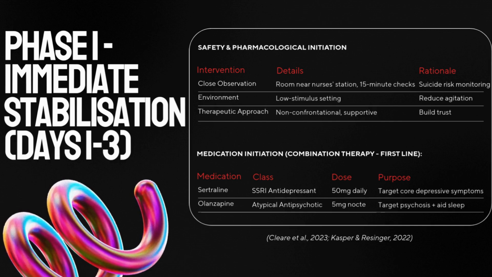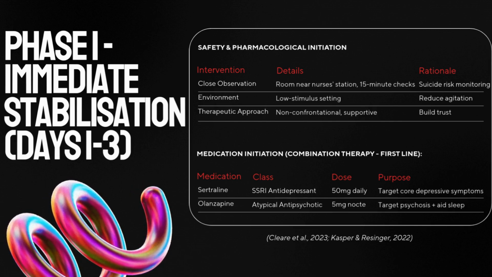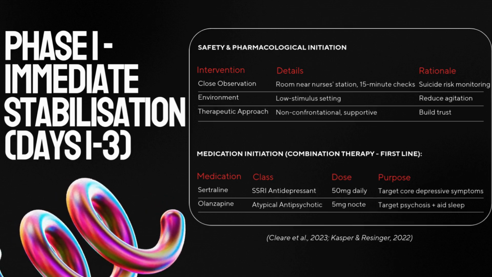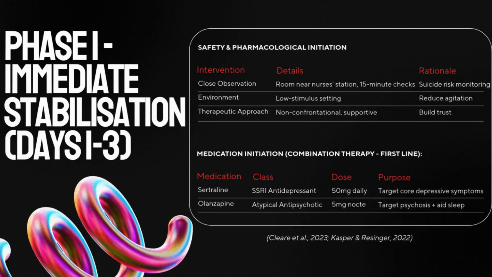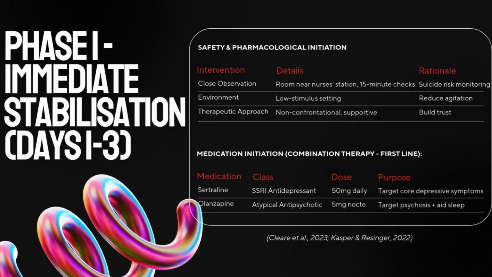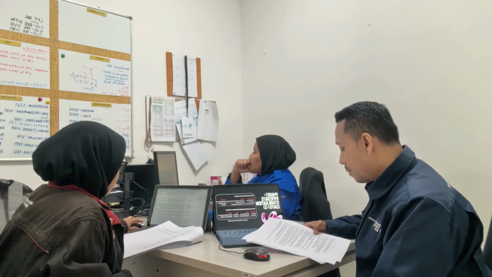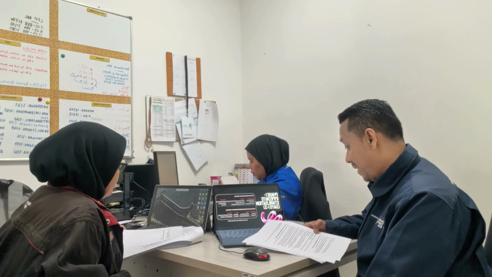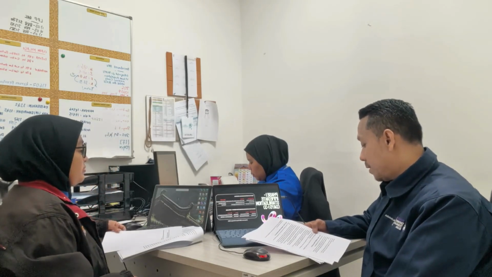Encik Azman also started on olanzapine, an atypical antipsychotic, at 5 mg at night to target psychotic symptoms and aid sleep. Olanzapine is one of the most studied antipsychotics for combination therapy in psychotic depression. The nursing staff monitored him closely for side effects such as sedation or akathisia and ensured medication compliance.